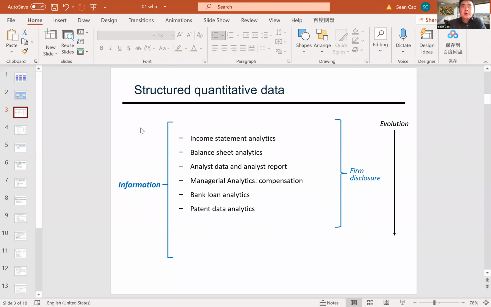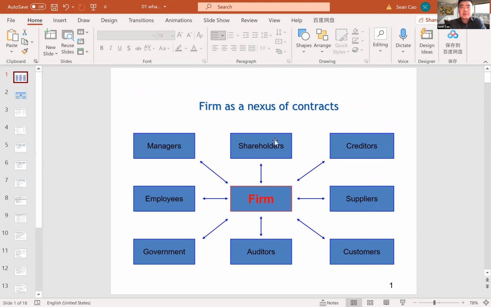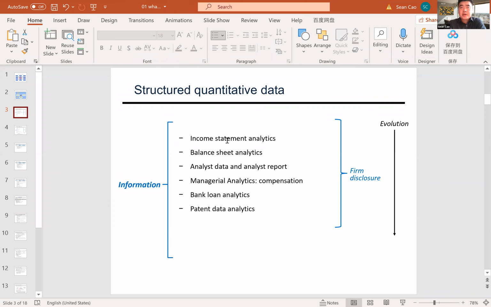Now we talk about shareholders and investors, in a different way. Investors will care about both the income statement and the balance sheet, because the income statement is a very important information source for investors to tell whether the firm can make future profit or not.